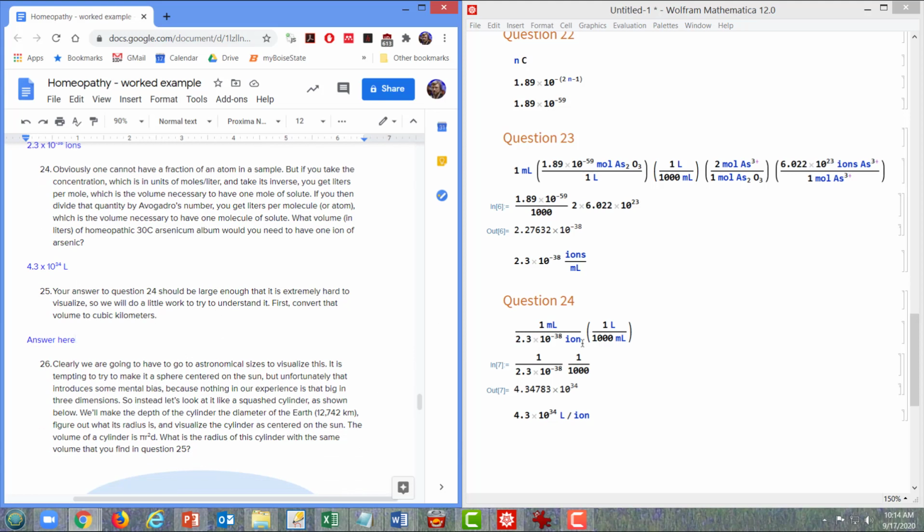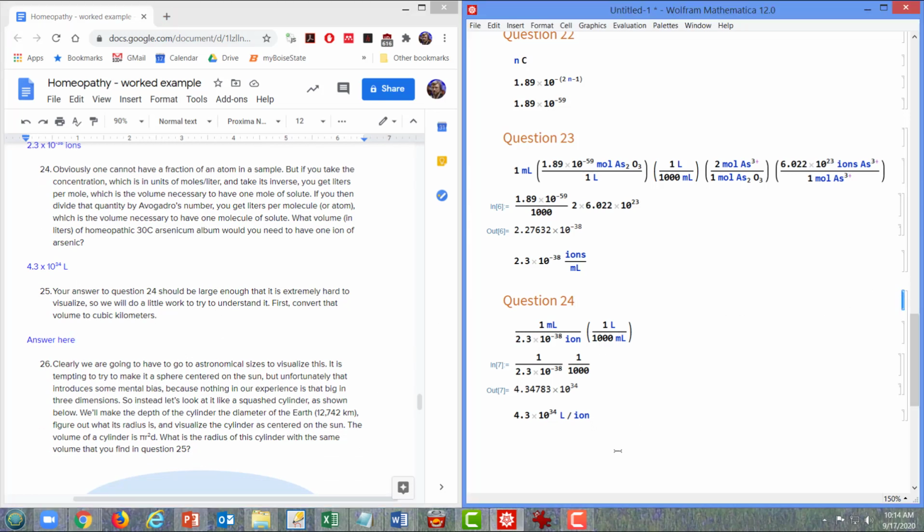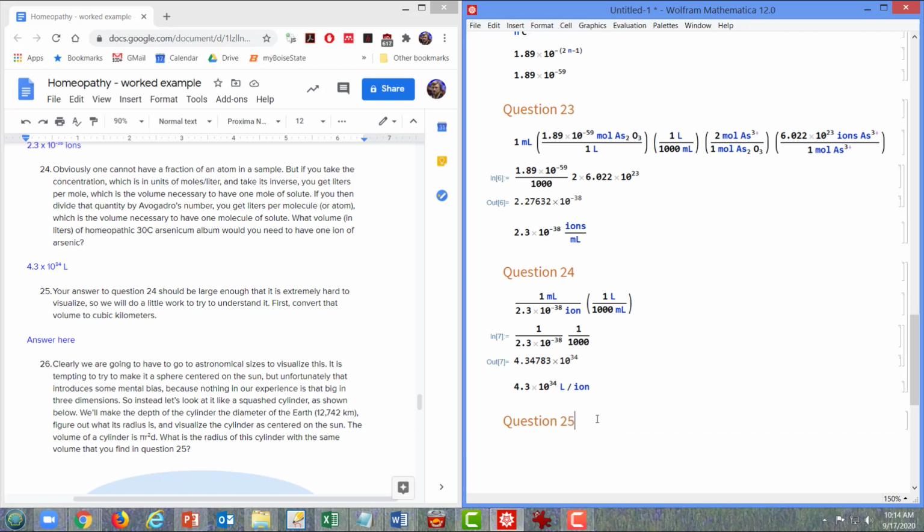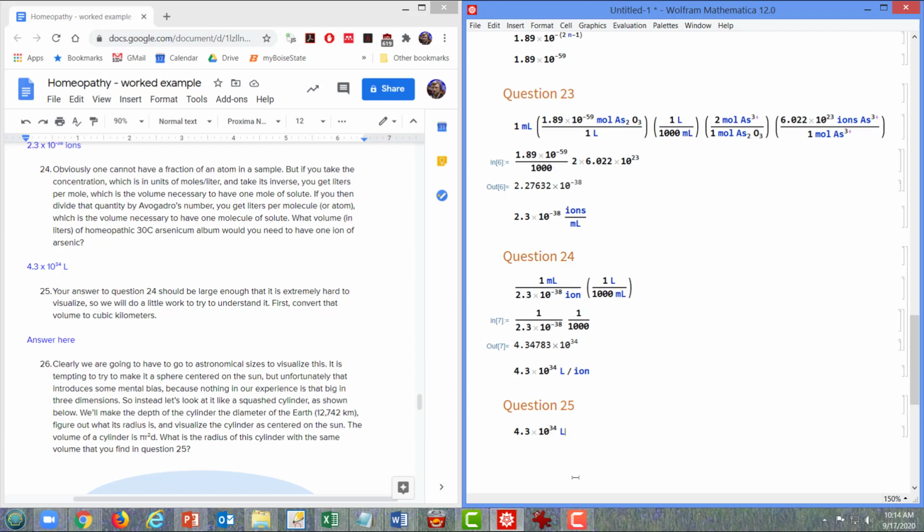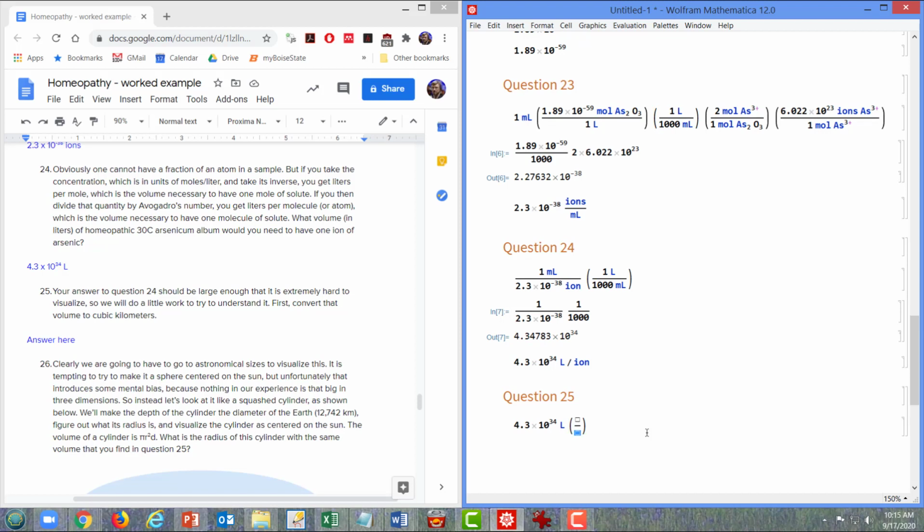So we're going to convert it to cubic kilometers. All right, so question 25. We are starting with this many liters. Well, what is a liter? There are several ways you could do this. The quickest way is to remember that a liter is a cubic decimeter.